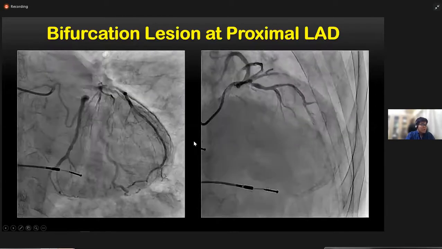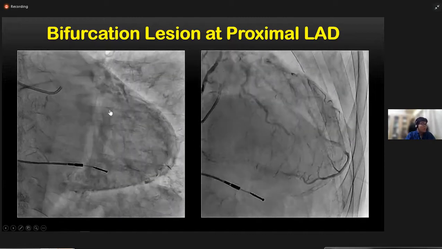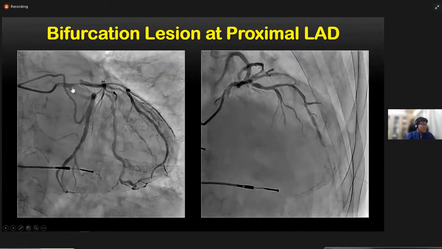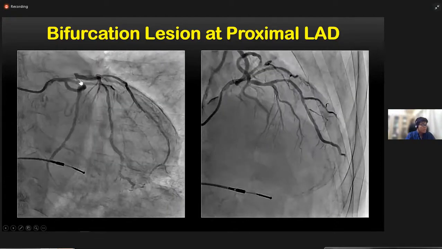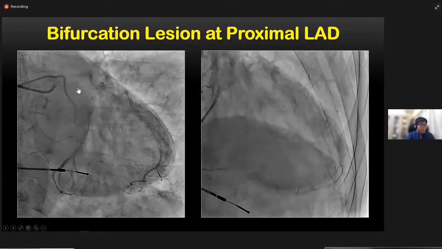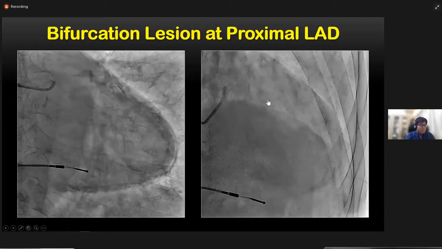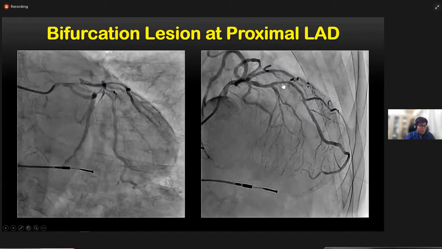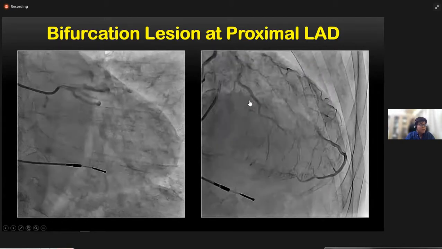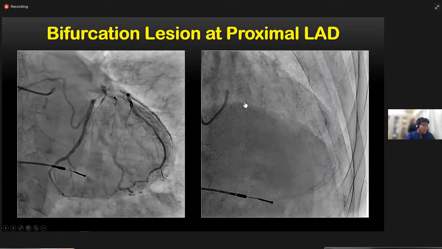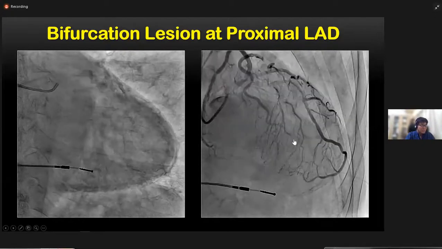So this is an angiogram. As you can see here, the region is the proximal region with severe calcification. However, in the cranial view, it's a little bit difficult to identify the target region. This is IVUS.